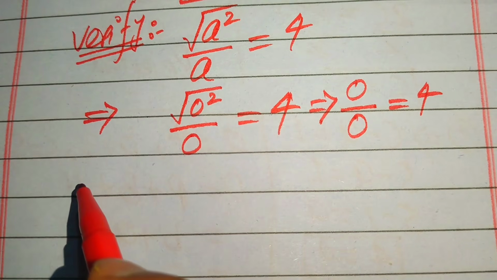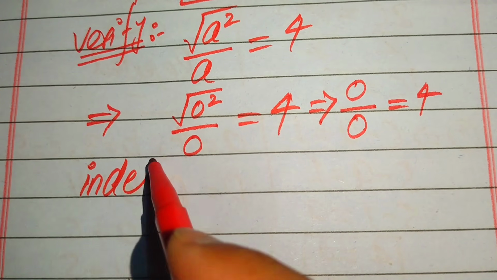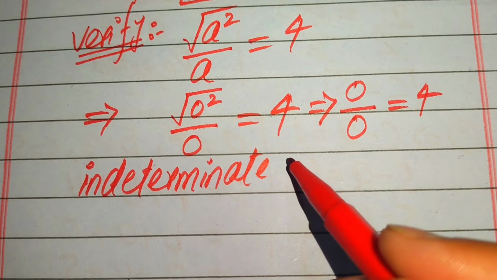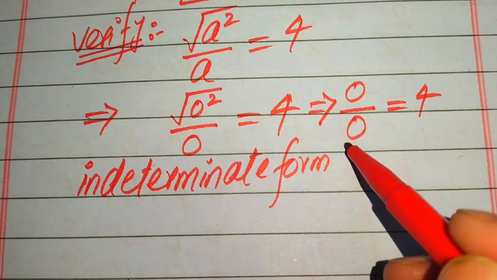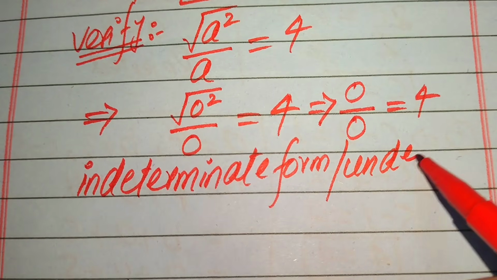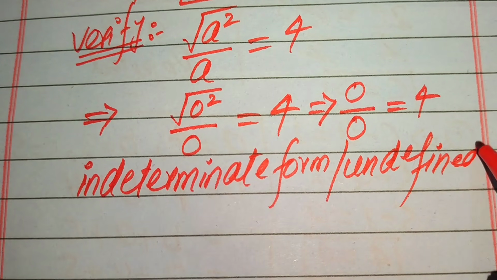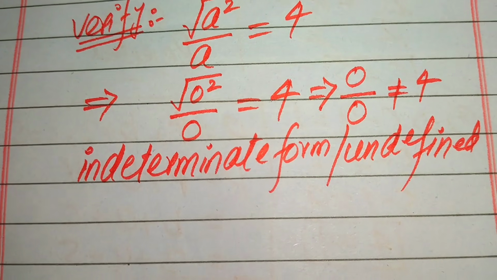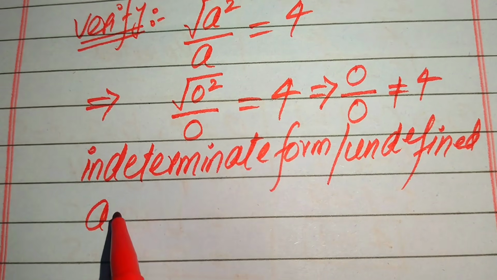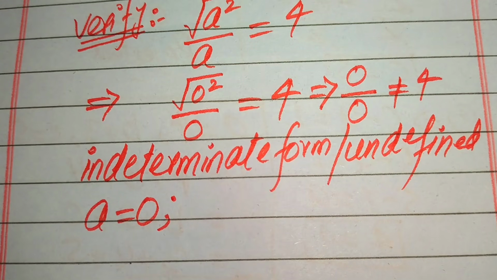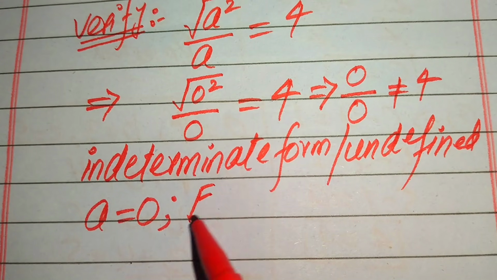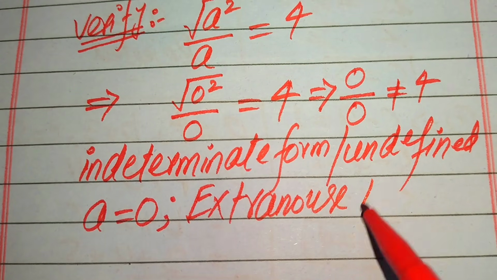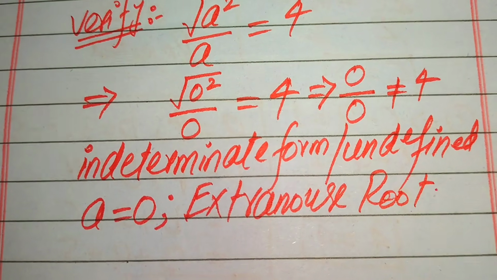The 0 over 0 form is usually called an indeterminate form, in other words an undefined form. If the left hand side is undefined, this means that both sides are not equal, and this concludes that the value a equals 0 does not satisfy our given question statement, and we call a equals 0 an extraneous root of the given equation.